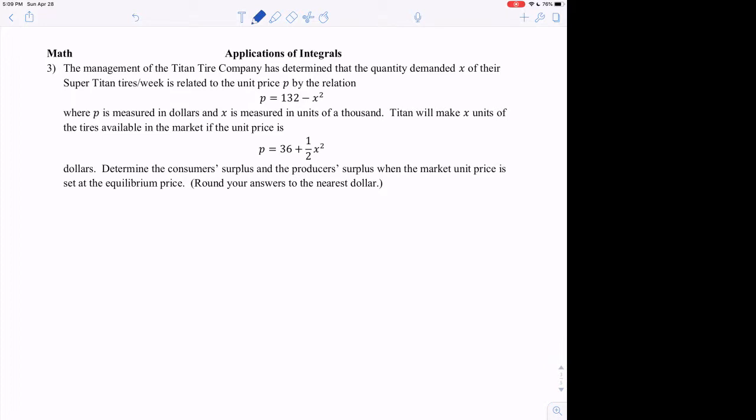Now, this one is asking for both consumer surplus and producer surplus. What it tells us is that this is d of x because this is the demand function. And that this is s of x because this is the supply function. Okay?